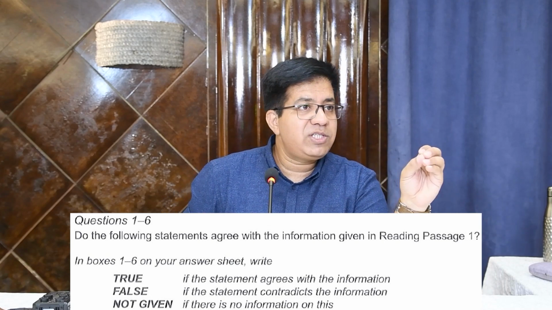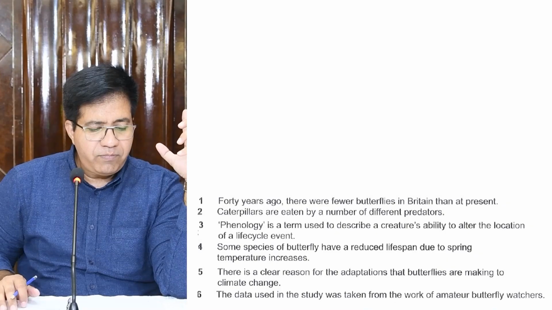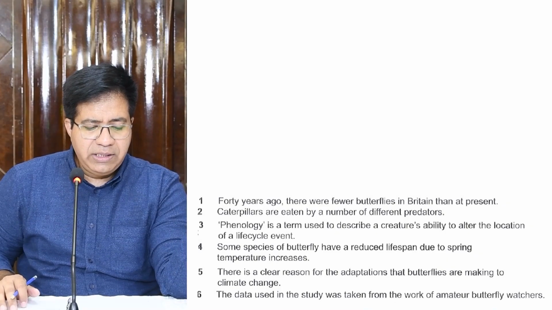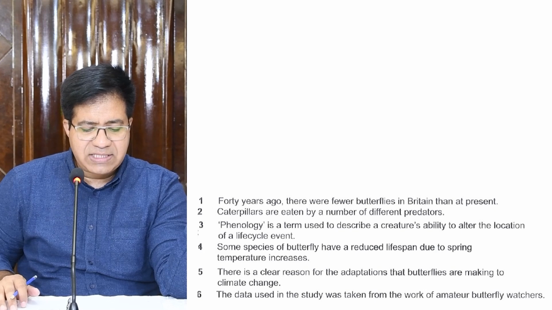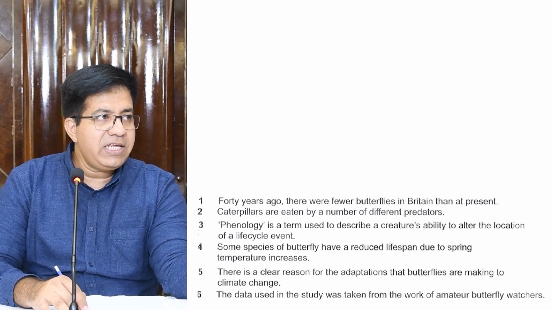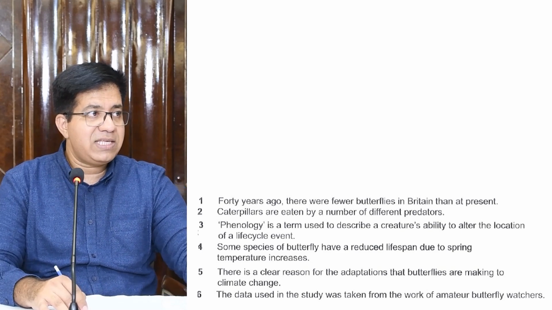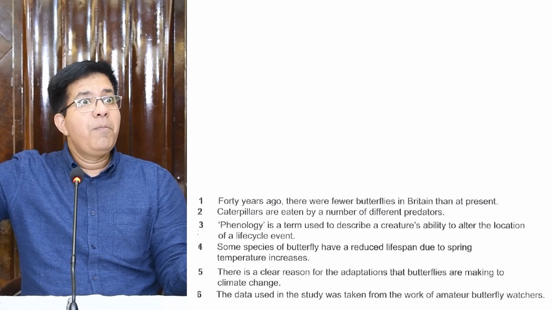Now, please be attentive. There are 6 questions of true, false, not given, and through these 6 questions, I will tell you how to understand whether the answer is going to be true, false, or not given. Question number 1. 40 years ago, there were fewer butterflies in Britain than present. Now listen, 40 years ago, there were fewer butterflies, means there were few butterflies, and now there are more butterflies.